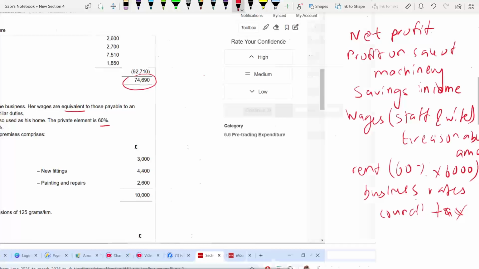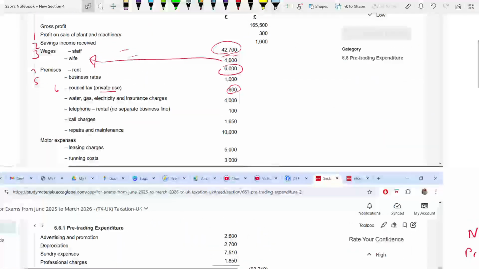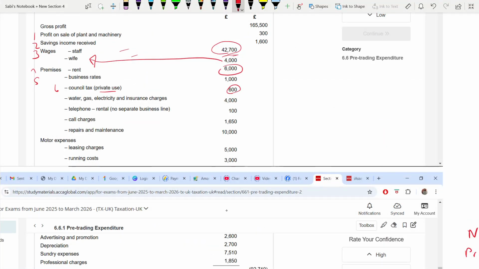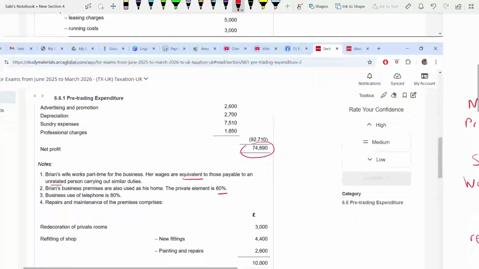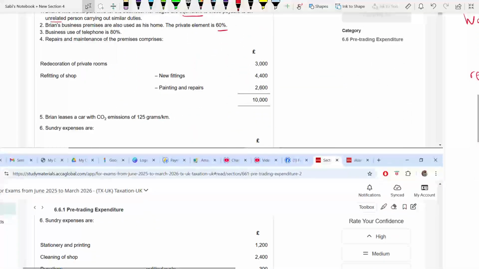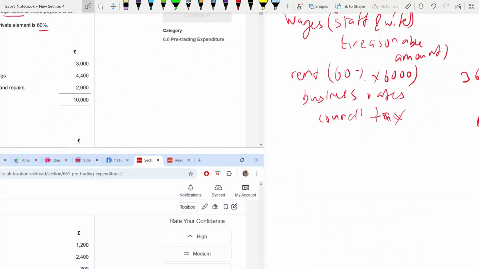Next, water, gas, electricity. Regarding the premises, remember 60% is private use. So water, gas, electricity also you have to take 60% of it. So 4,000. I'm not writing the entire description, I'm just writing water.